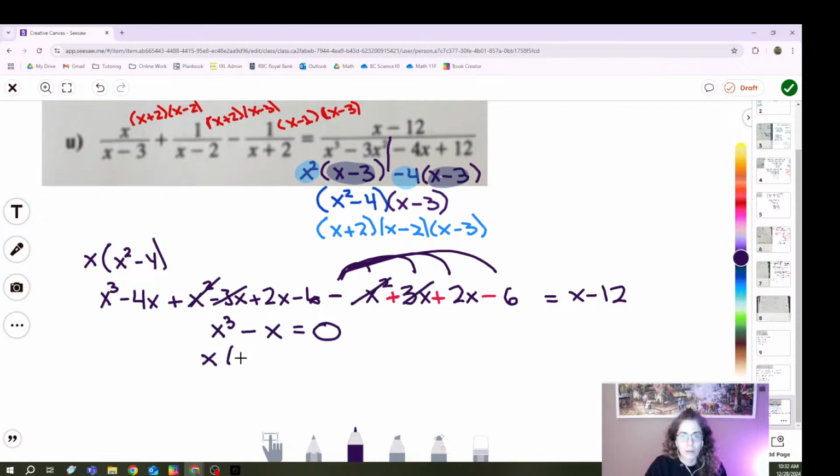And last but not least, we can go one step further. Got a difference of squares. Yeah. All right, what does x finally equal?